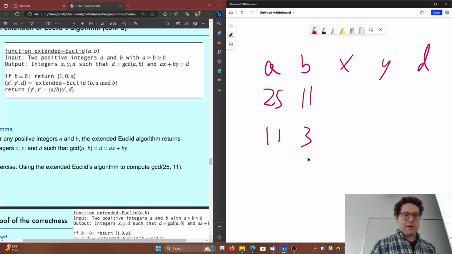Okay? Again, we skip down here and we go down to the extended Euclidean algorithm of b. 11 mod 3. What is 11 mod 3? That would be 11 minus 9, which gives us 2, right?